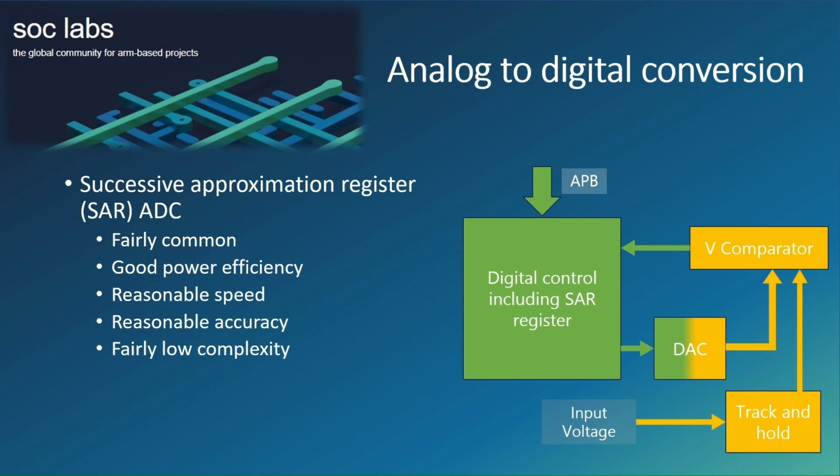Taking this then to actually designing the ADC, schematics and layout capture. We've taken a very simple design, just a successive approximation register ADC, because it's reasonable speed, reasonable accuracy, quite low complexity, at least conceptually.